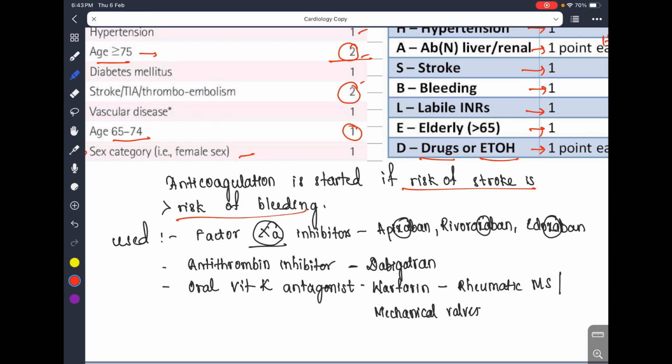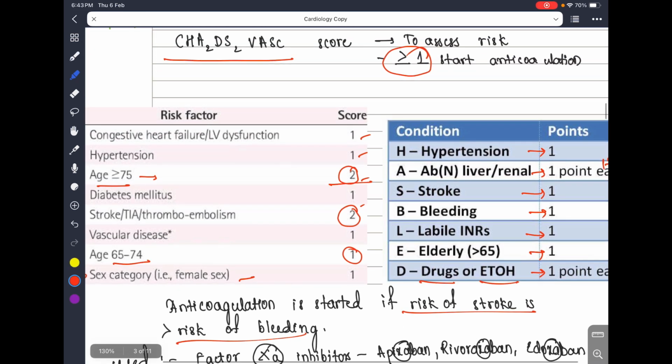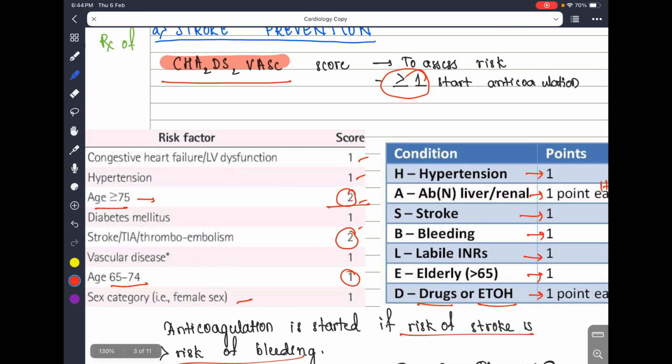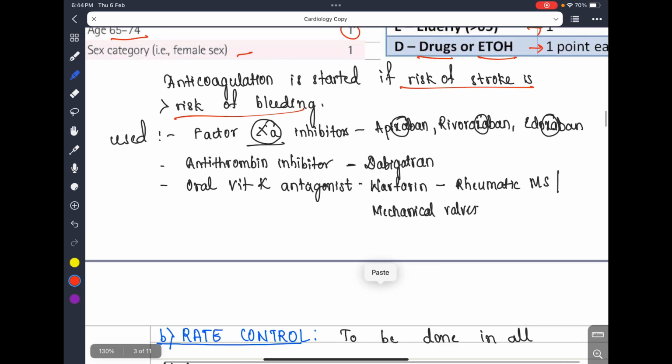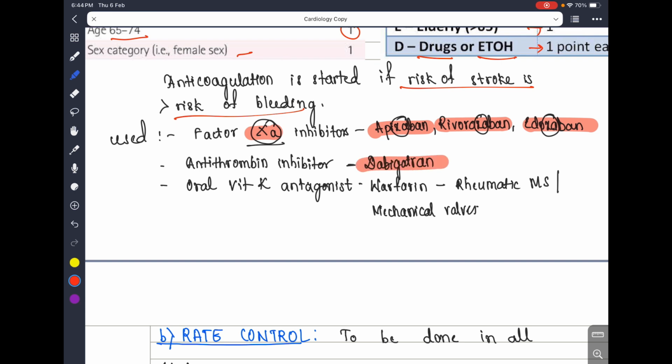Just remember all this. For the final year, the score is important. Assess the CHA2DS2-VASc score. If the score is more than 1 and the risk of bleeding is less, you'll start the patient on factor 10A inhibitors, apixaban, rivaroxaban, edoxaban, or dabigatran. If the patient has rheumatic mitral stenosis or mechanical valves, you can start the patient on warfarin.